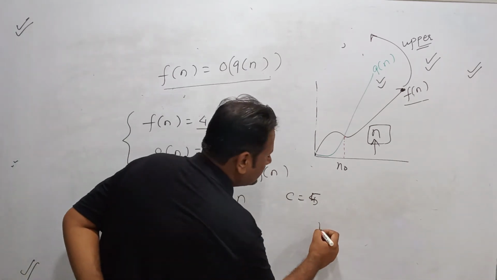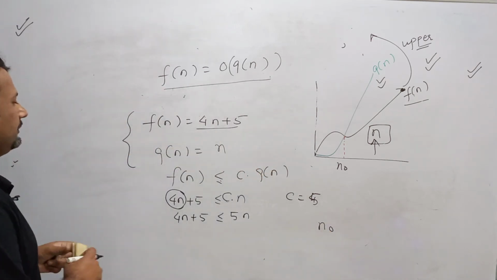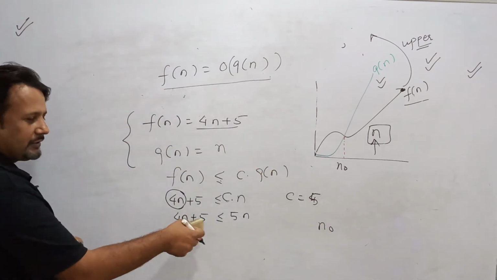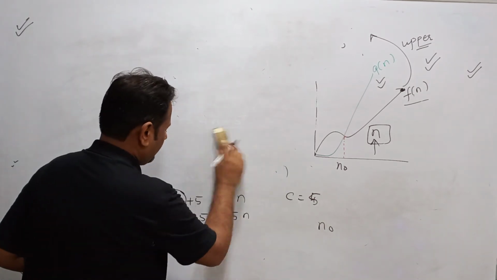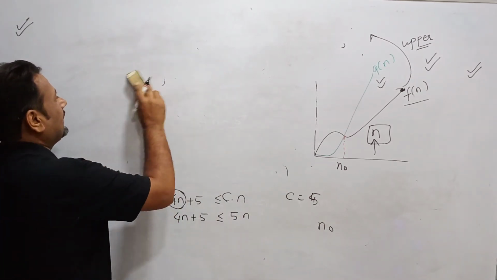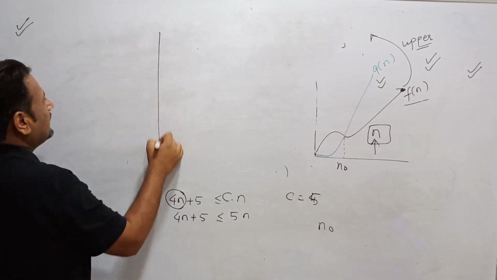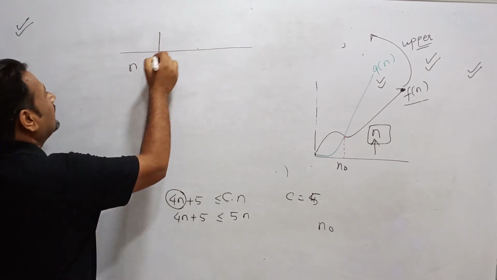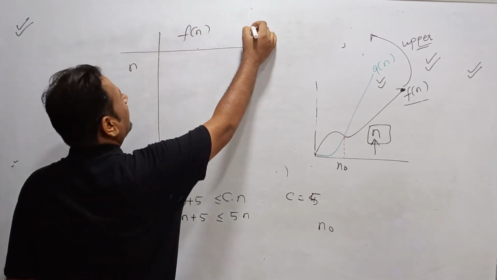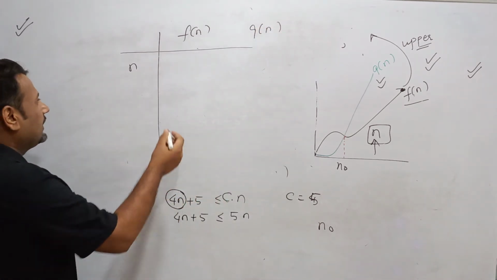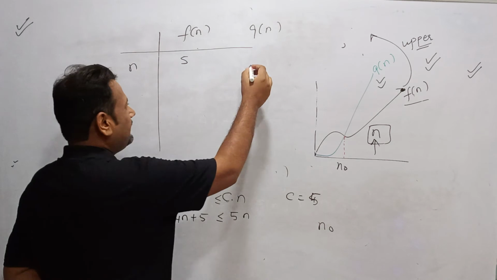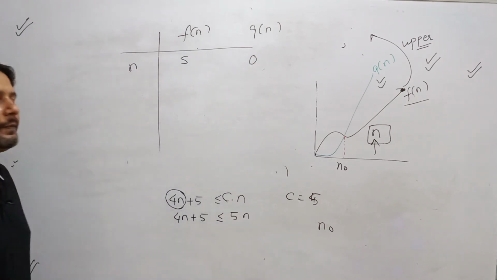Let me check. If n is equal to 0, please understand this. This looks done, but let me check this. 4n plus 5. Let me take a value of n here. I am writing here f(n) and g(n). If n is equal to 0, f(n) is going to be 5, g(n) is going to be 0.